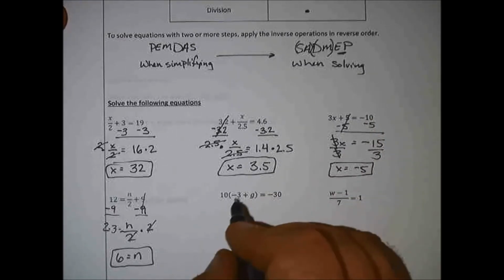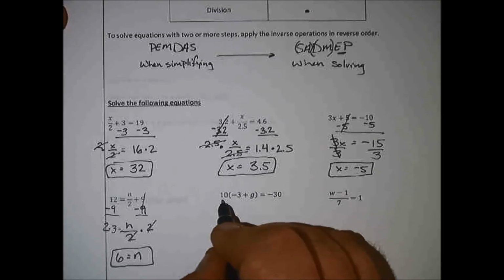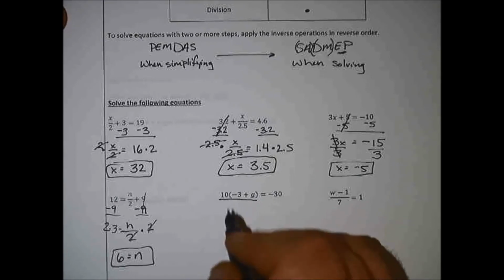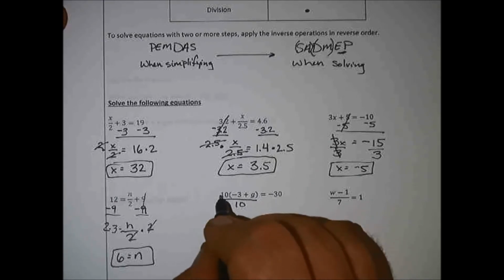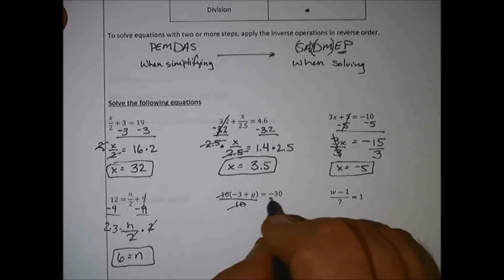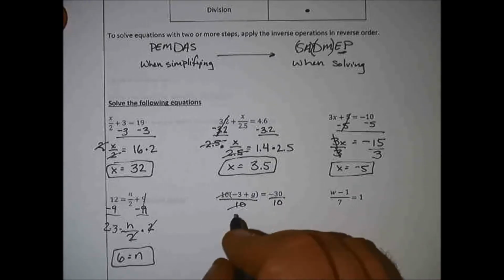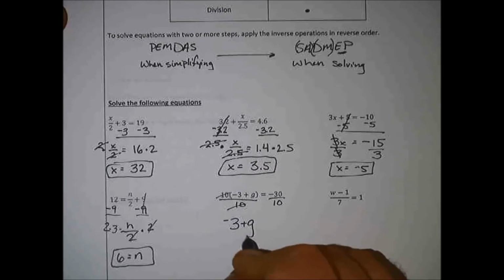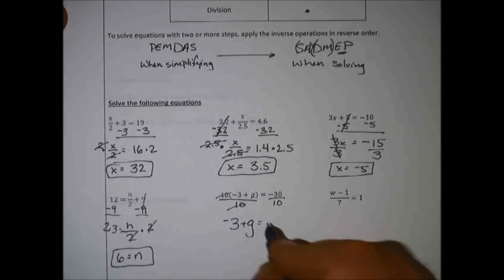So instead of doing that subtraction or addition, I first need to peel this 10 off, and then I actually won't have parentheses. So I'm going to peel that 10 off. It's going to cancel out when I divide it on both sides. Okay, and I'm left with negative 3 plus g. Notice I don't have parentheses anymore.